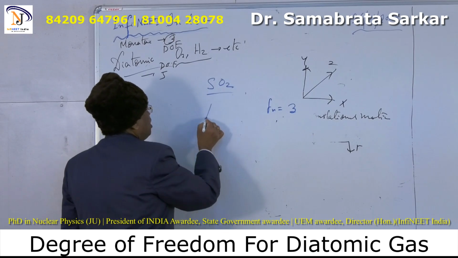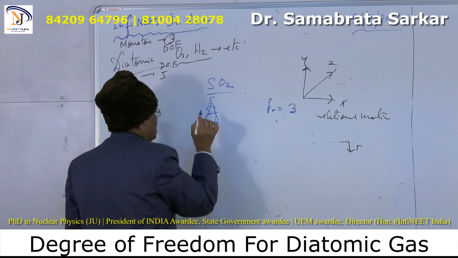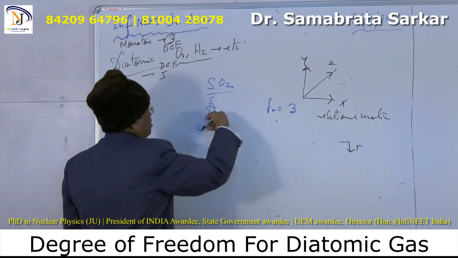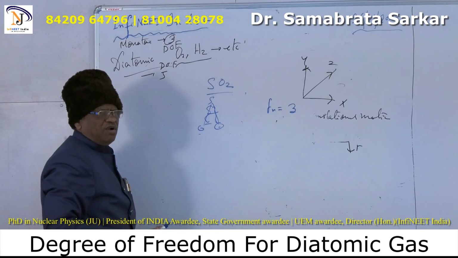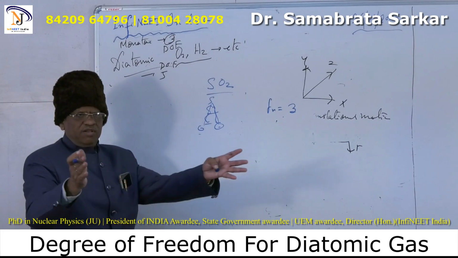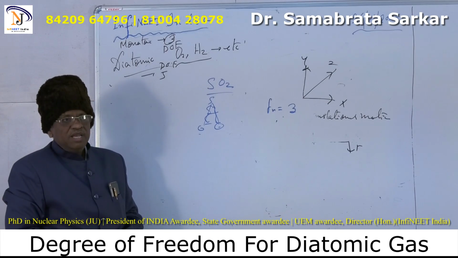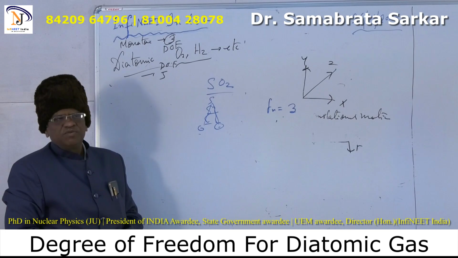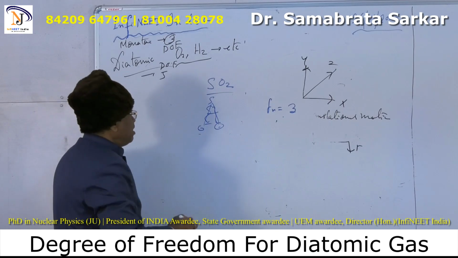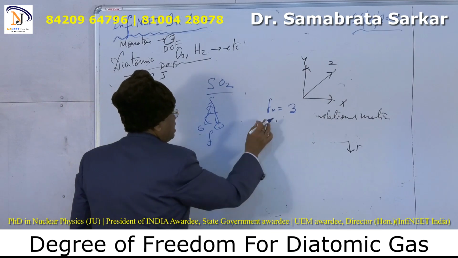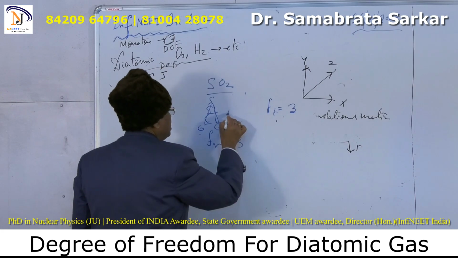If you consider a non-linear molecule like this, with an angle, then it can move in three dimensions. In case of carbon dioxide, if the atoms are on the same line, then it is linear, and degrees of freedom is only 5. Why? Translational is 3 and rotational is 2. In the non-linear case, rotational is 3.